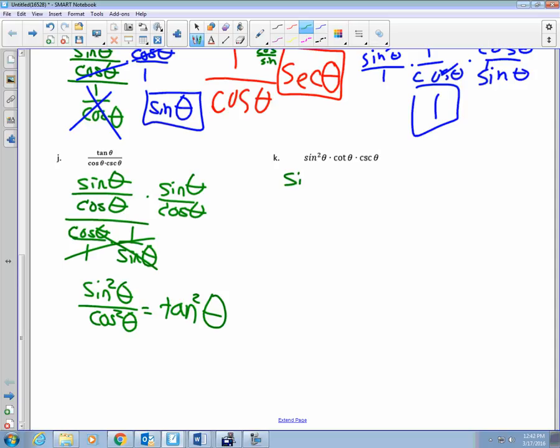Okay, we have sine squared over 1 times cosine of theta over sine of theta times 1 over sine of theta. And you can see the sine squareds cancel.